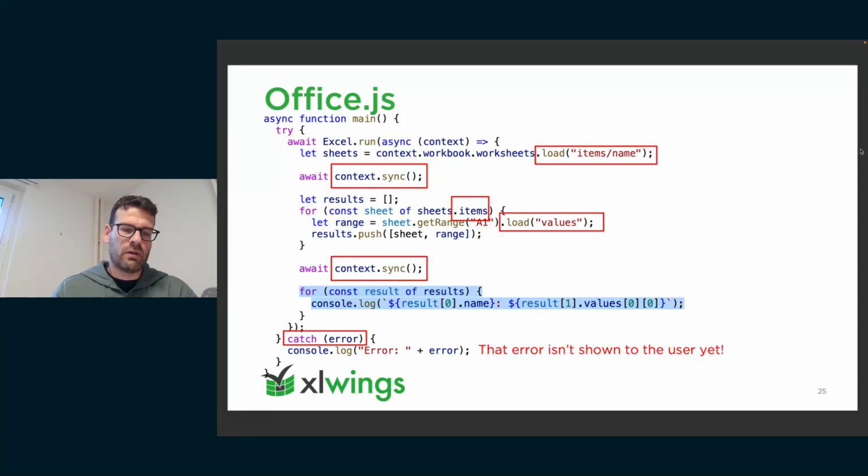And then also a big topic is error handling. What you need to do is catch errors in here. So for example, if you're referring to a sheet that is usually there, but it isn't there now, you will end up here in the error handler. But the issue is, the way I have it in here, just logging that error doesn't show it to the user yet.